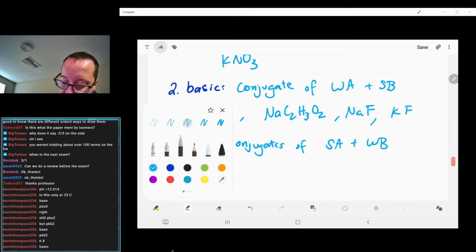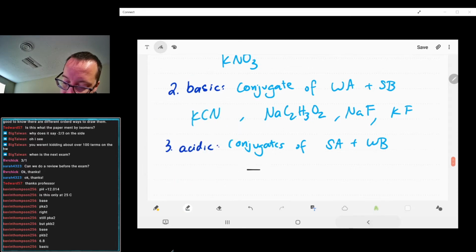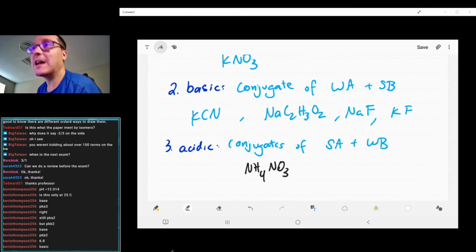So something like ammonium nitrate. We had the strong acid nitric acid and the weak base ammonia. Put those together, we make ammonium nitrate. That would be an example here.